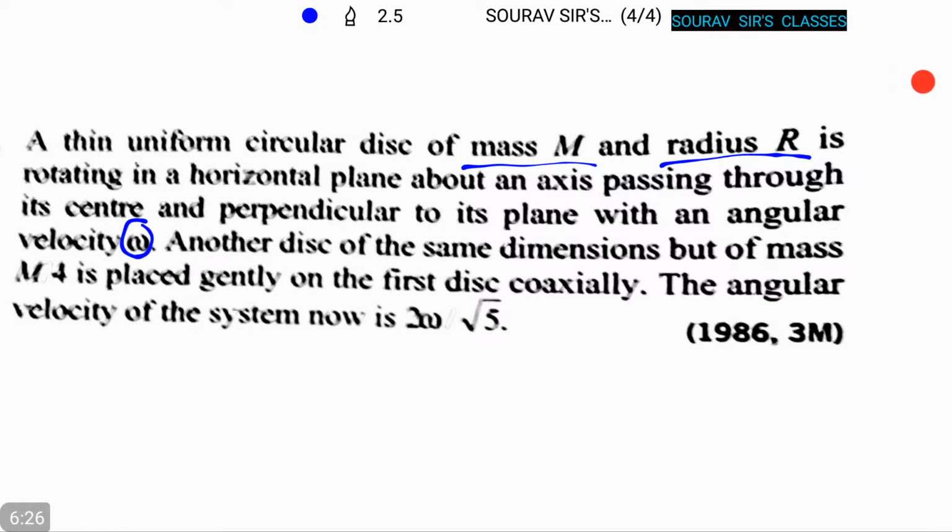Another disk of the same dimensions but of mass m by 4, sorry, it's because of misprinting, is placed gently on the first disk coaxially. The angular velocity of the system now is 2 omega by root over 5.